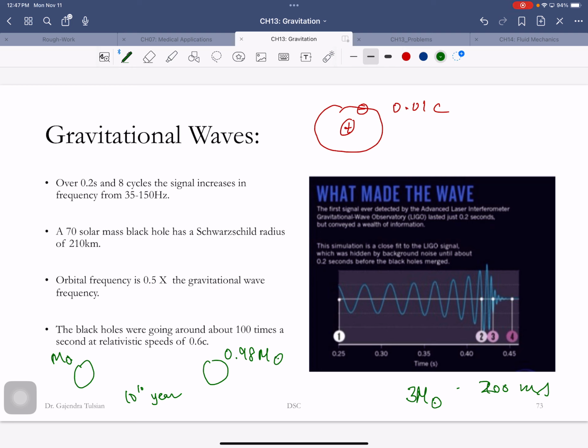Imagine the power emitted, and we could barely see it. That's because gravity is such a big force and it affects things very little. The amount of power emitted was, if you could see gravitational waves with your eye, as bright as the light emitted by the rest of the universe. That's how bright it was.